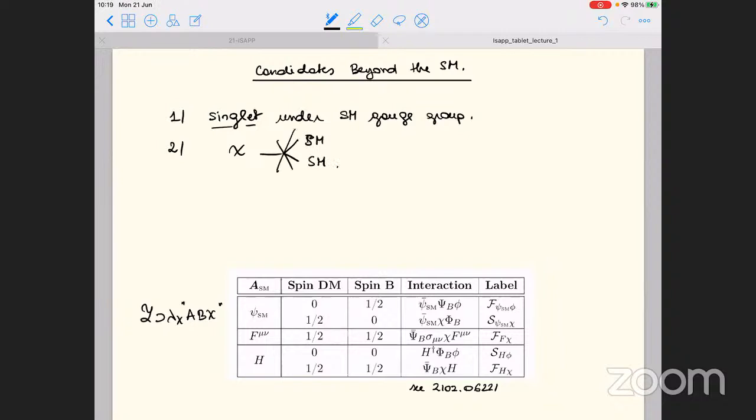The easiest and most used way is just introducing by hand a Z2 symmetry. So I'm going to assume that I have a Z2 symmetry, which is unbroken until today, and that dark matter is Z2 odd, while every particle of the standard model is Z2 even. So this is my second assumption.